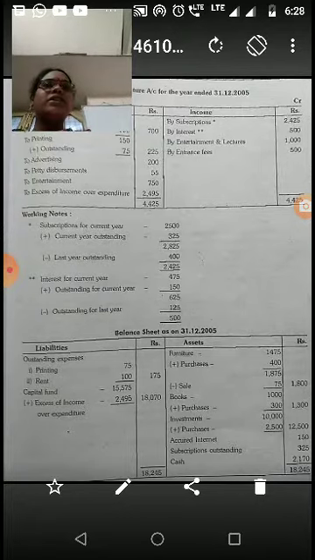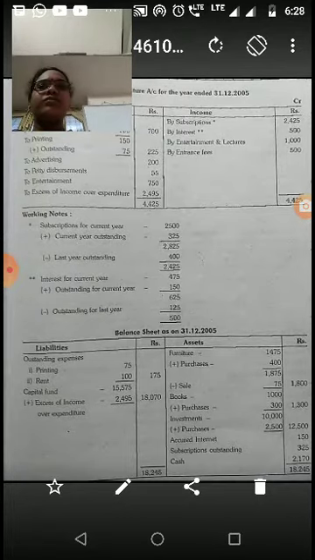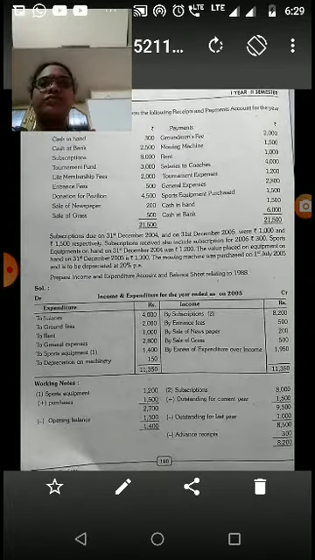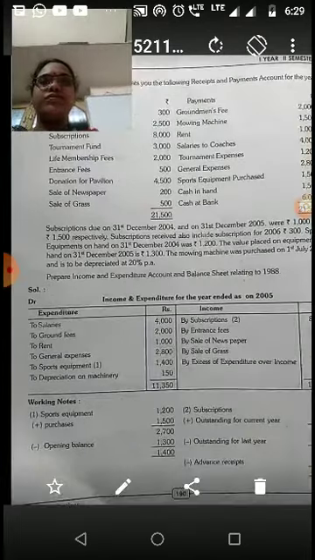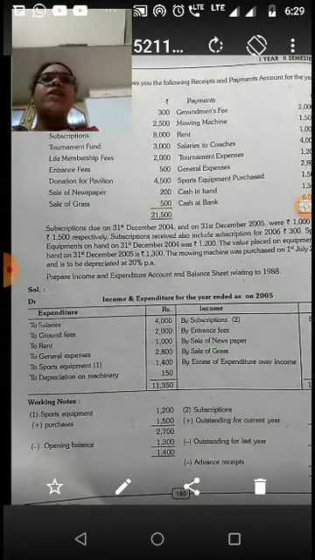Let us discuss another problem. Now the Jai Bharat Sports Club gives you the following receipts and payments account for the year ended 31st December 2005.